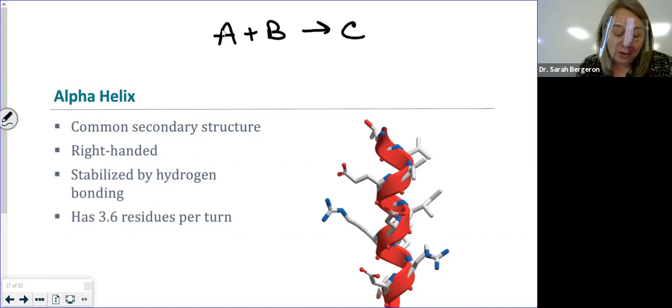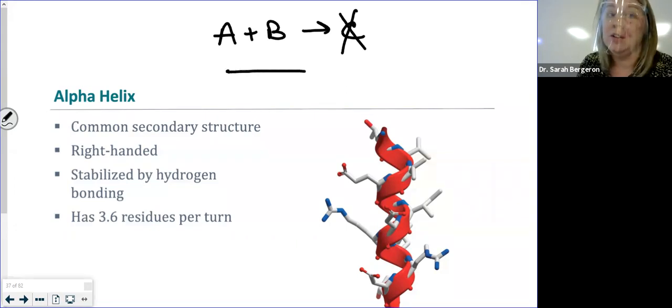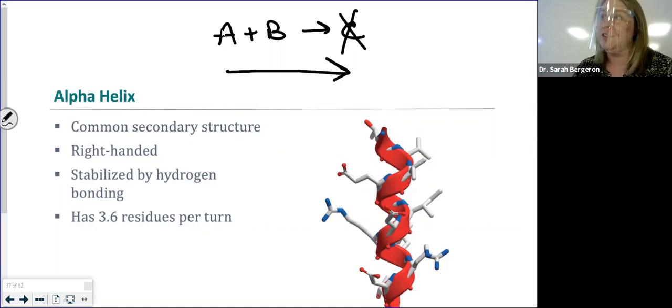So what can we do to make this reaction proceed spontaneously? Well, basically what we want to do is remove C. If we have a lower concentration of product than reactant, what kind of shift are we going to have? A forward shift. So if the reactant concentrations are greater than product concentrations, that would be a forward shift. So that's Le Chatelier, right?